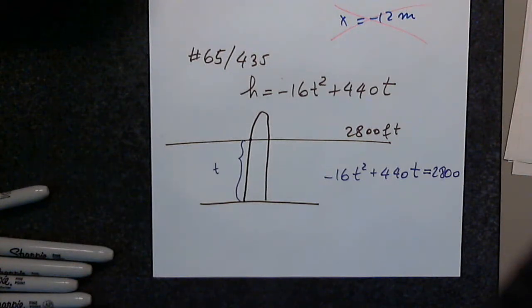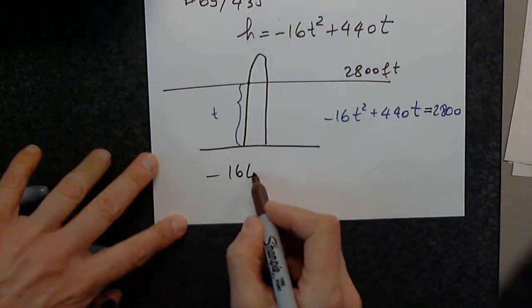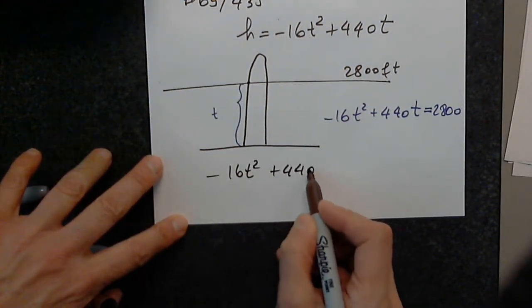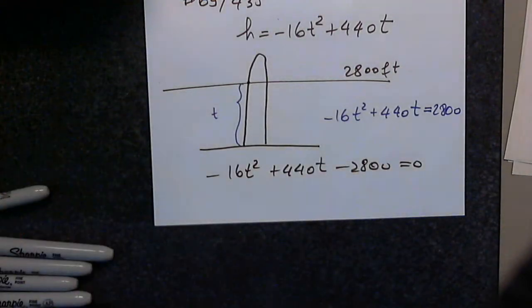Yeah, of course. And then you obviously bring the 2,800 over to the other side by making it negative and keeping it equal to 0. Good. So looking at this equation, don't do anything, just answer my question. What would you hope to get rid of? Divisible by? Yes, by 4.